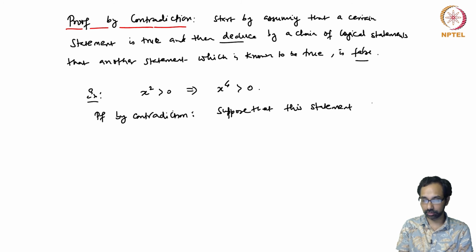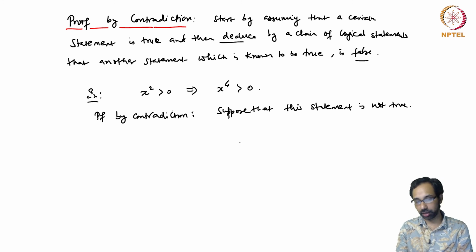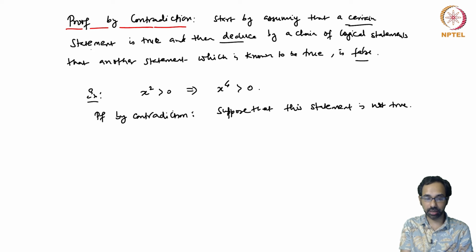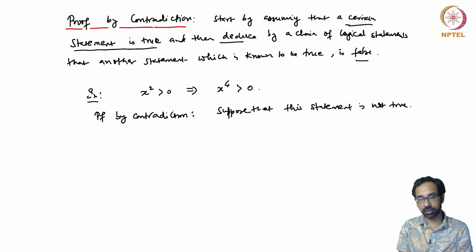Okay, so we are assuming that the negation of the statement is true here. Before I said assume that a certain statement is true, but here I'm assuming that it is not true, which is equivalent to saying that the negation of the statement is true. So whether you assume it is true or false is the same thing.